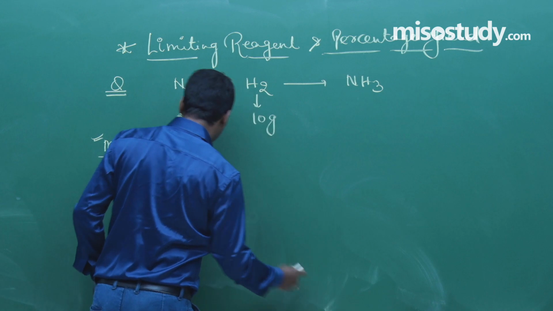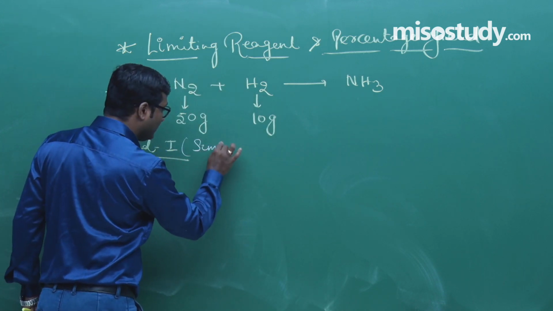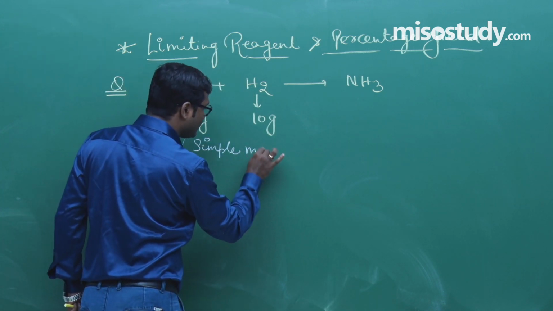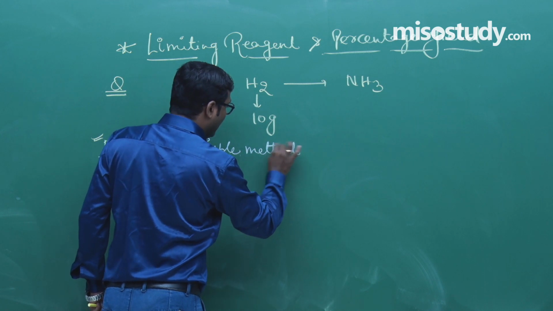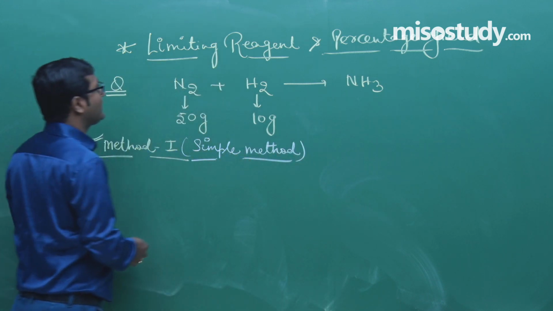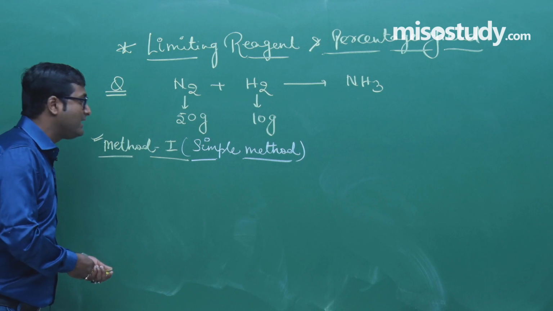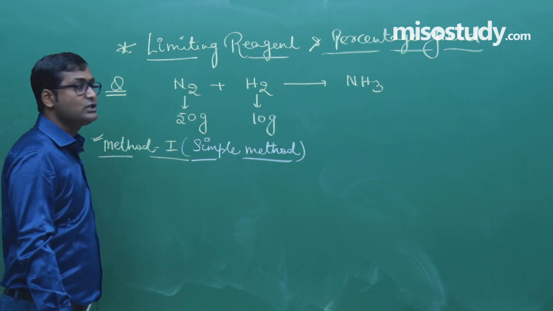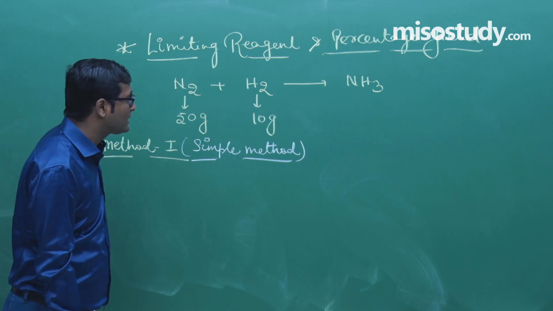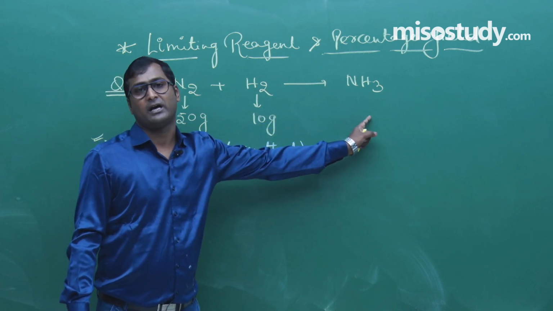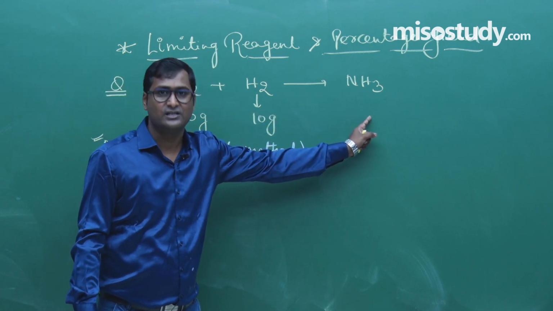As I told you, I will start with the simple method. What is the definition of limiting reactant? The reactant which is consumed completely during the reaction and decides the quantity of product.